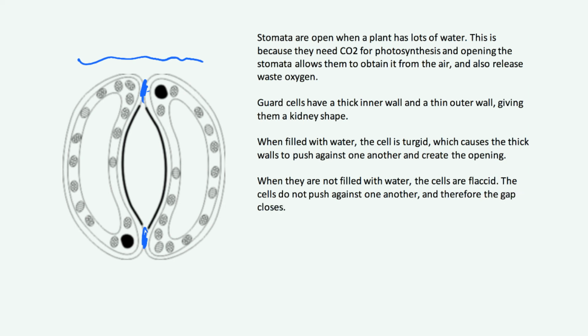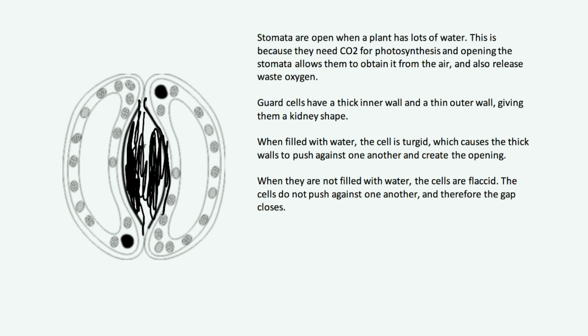So imagine they didn't have enough water for these walls to push against one another. Instead, what would happen is they're basically almost floppy, and that wall, which is like this at the moment, would look something like this. Okay, obviously not colored in as much as that. And on the other one, it would look the same. It would look something like this.